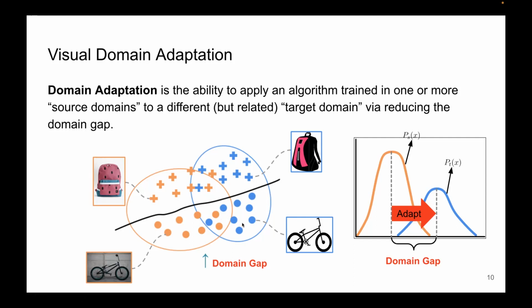If you look at this figure again, our objective is to somehow reduce this gap to make them well aligned, and therefore the knowledge from the source domain, in other words the classifier learned from source domain, can be well adapted to this target domain. That's the general idea behind domain adaptation.